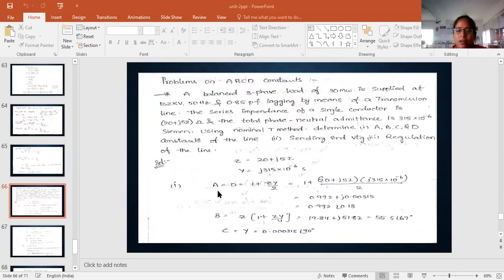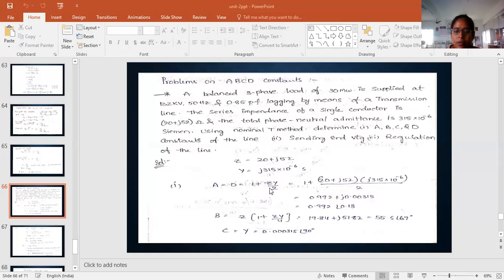So we find that the A and D values are equal, which is nothing but 1 plus ZY by 2. We can substitute the values in the ABCD formulas, ZY in place of the AD values.